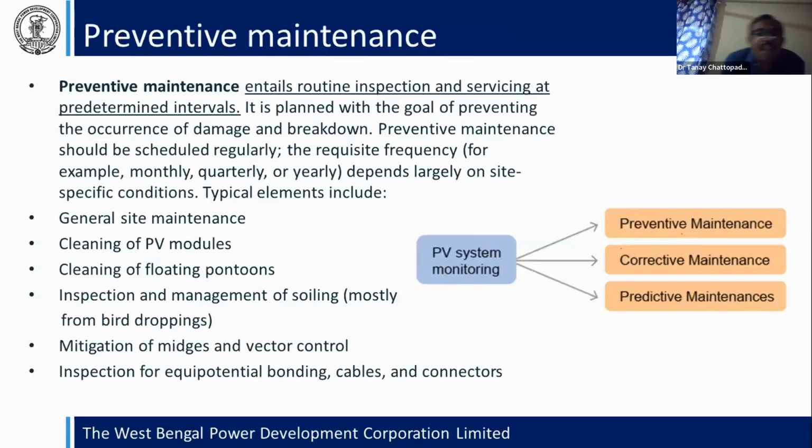After all, you have to plan the maintenance. Preventive maintenance should be done. This type of maintenance is required: preventive maintenance, corrective maintenance, and predictive maintenance, which you have to follow. You have to engage people to check the modules at different places.